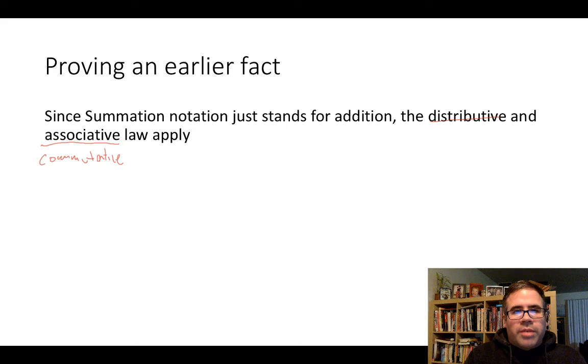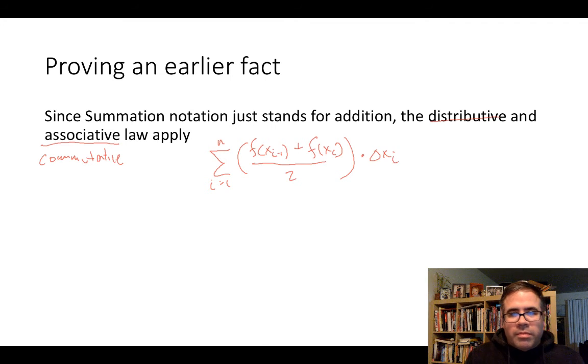So if we start off with the formula in summation notation for the trapezoidal rule, all of this is divided by 2. That's the same every time. So rather than dividing each term, as it's written out here, we can factor out that dividing by 2.